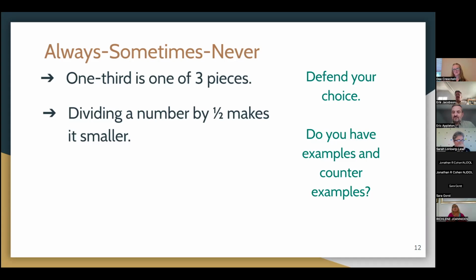Well, you're dividing 6 by 1/2, you're not dividing 6 by 2. Right, but if I divide -6 by 1/2, what do I get? -3. So that's a larger number. So it did still make it larger. Yeah, right? Just wanted us to posit that thought.